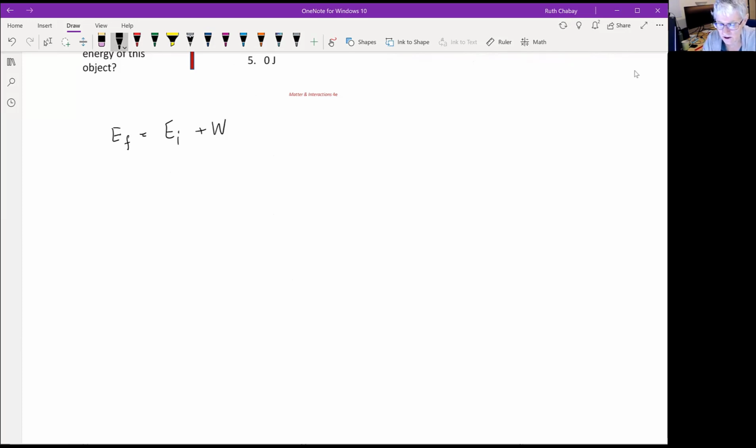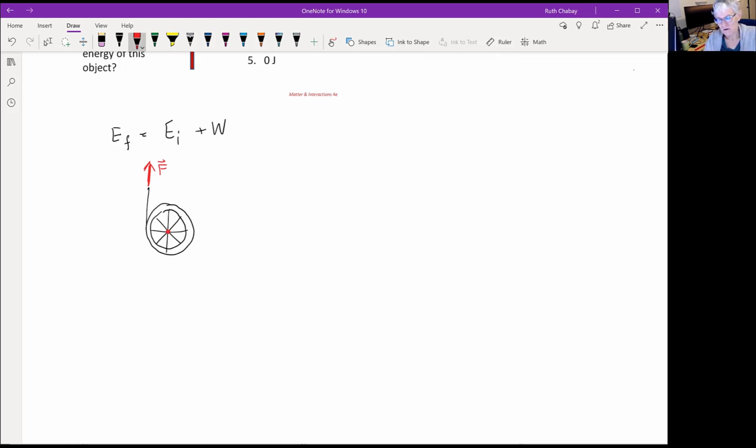So suppose we had some sort of a wheel here with some spokes, and we have a string wrapped around it. Then we exert a force. We pull up with some force F, and this is mounted on an axle. So what it does is it makes the wheel spin.